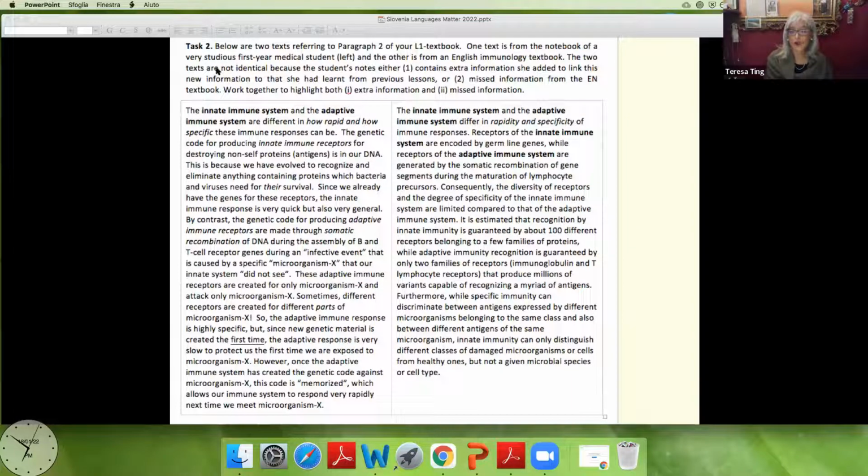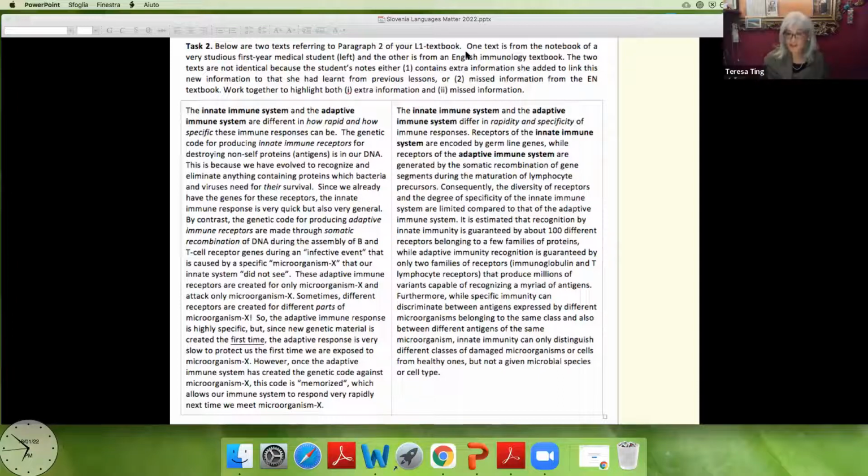The 2 texts are not identical because the student's notes either 1, contain extra information she added to link this new information to what she had learned from previous lessons, or 2, she missed information from the English textbook. Okay, so this is a problem with this information.